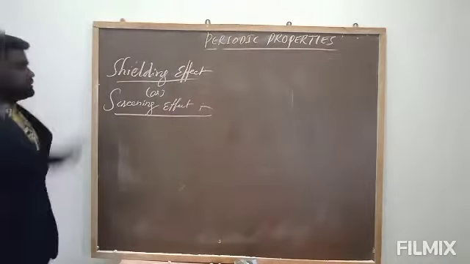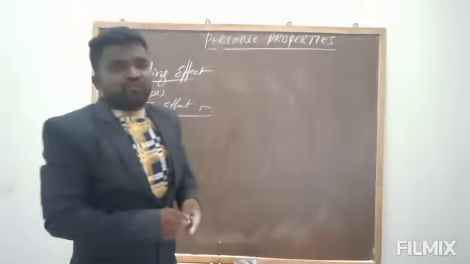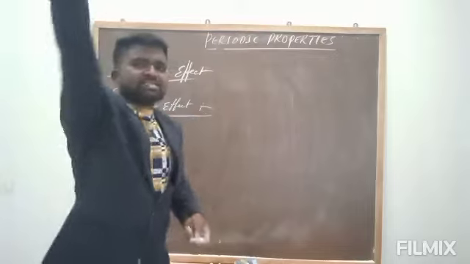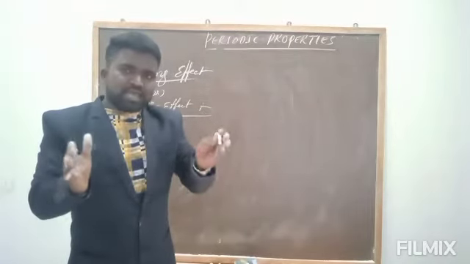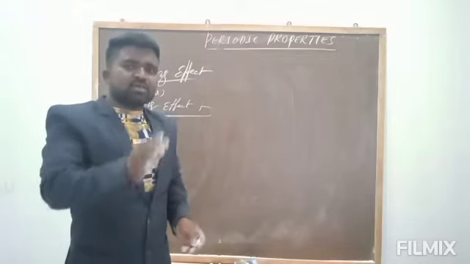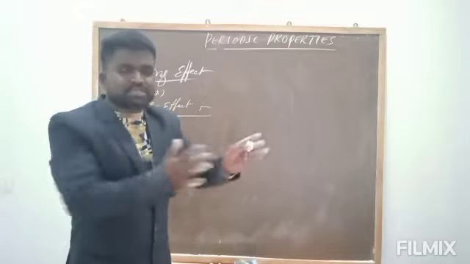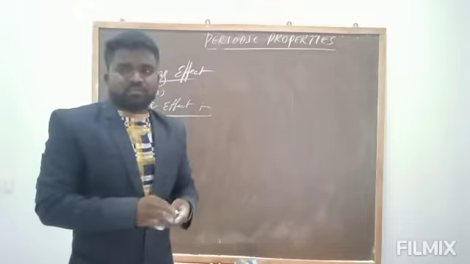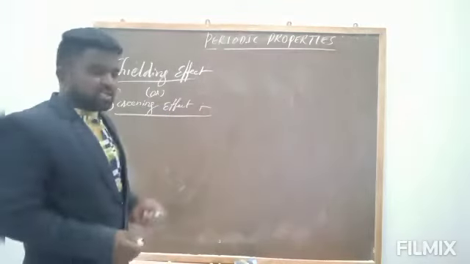What is shielding effect or screening effect? When the nucleus attracts the valence electrons, at that time the inner shells' electrons, or the inner shells, stop the attraction between the nucleus and the valence shell. Note this point, everybody. Try to understand.